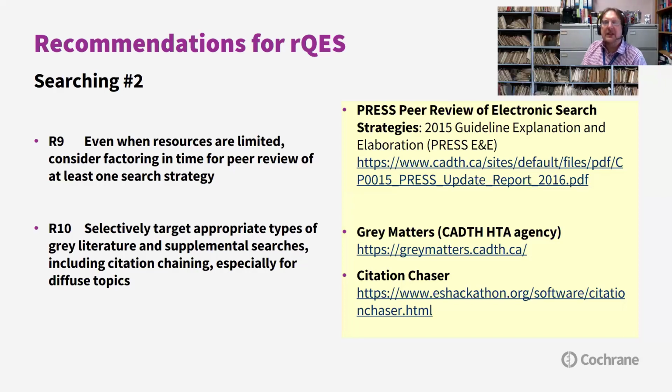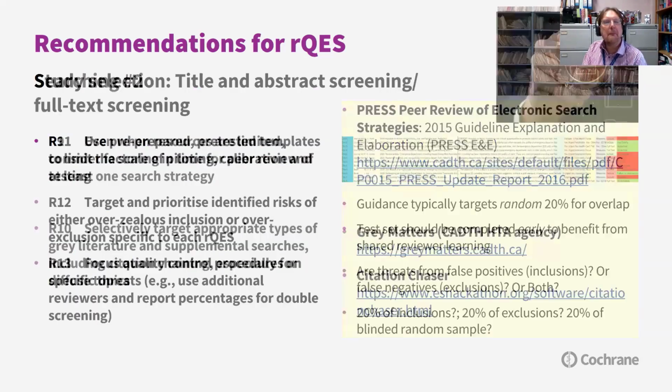And I've also put here one of the useful resources in terms of citation chasing. We suggest that citation chaining may be particularly useful in contexts where the terminology and the subject area is diffuse.